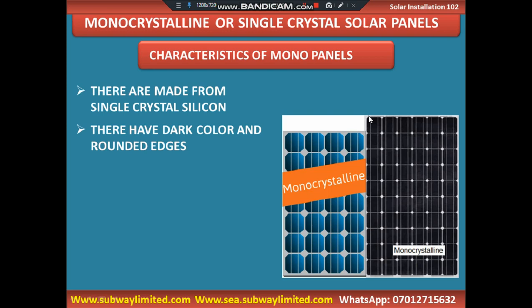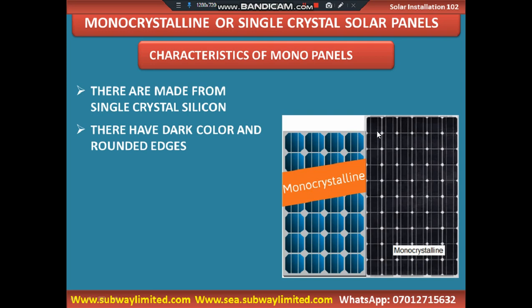So those solar panels that are dark in color are the monocrystalline solar panels, and they are made up of rounded edges. You can see it here.